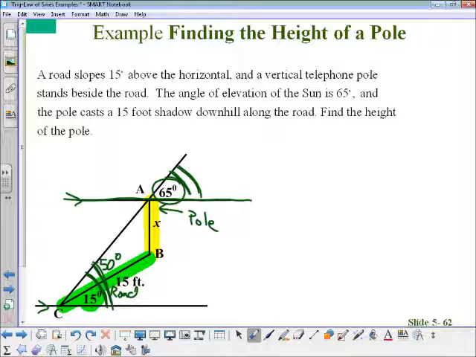Or we could also say, since we have two intersecting lines, this angle here has to be 65 degrees. The pole has to be perpendicular to the horizontal, so that means it has to be a 90-degree angle here. So if this angle here, the top half of the 90, is 65, that tells us this angle is 35.